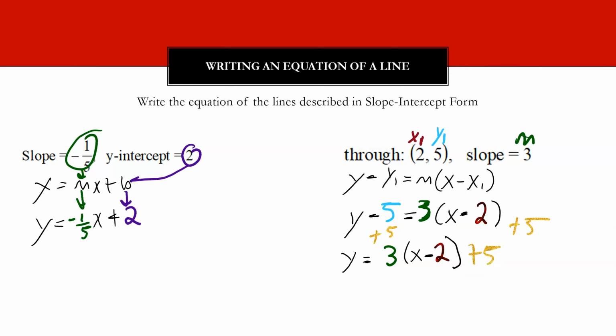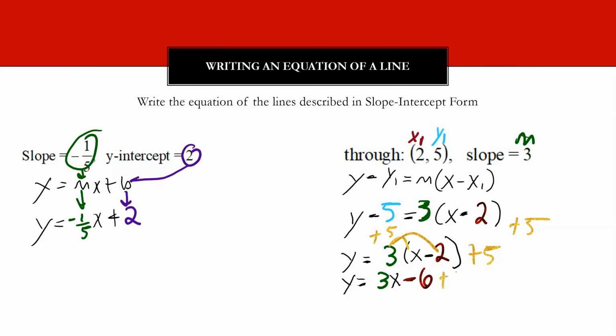But either way, we know there's a constant inside the parentheses. We should use the distributive property so that we can get rid of that and combine our like terms. Remember that we cannot combine like terms until we have the parentheses taken care of. So we would do 3 times minus 2, which would be minus 6.